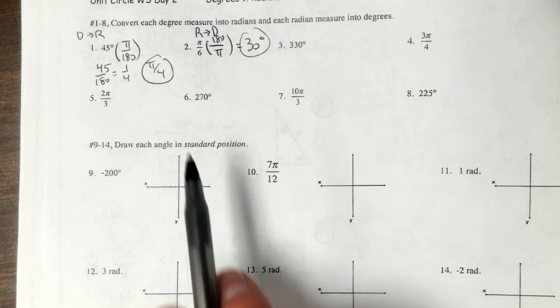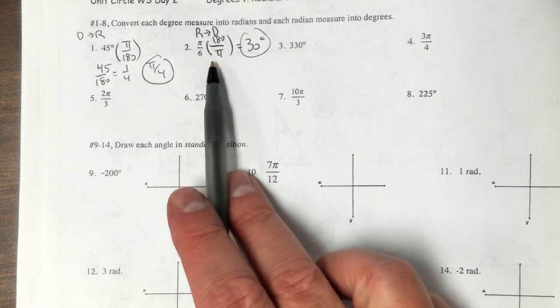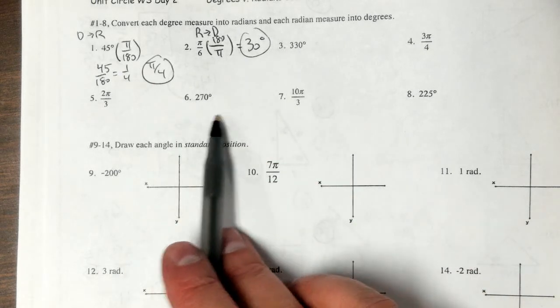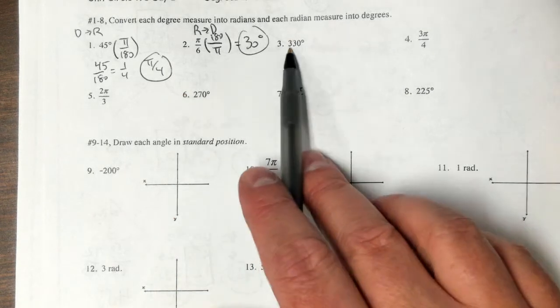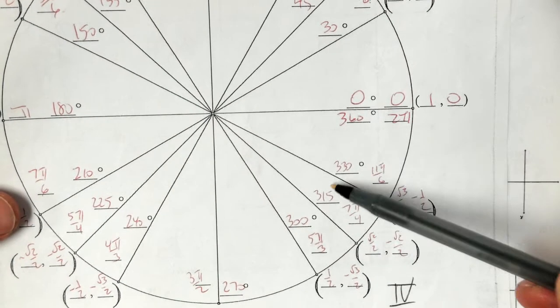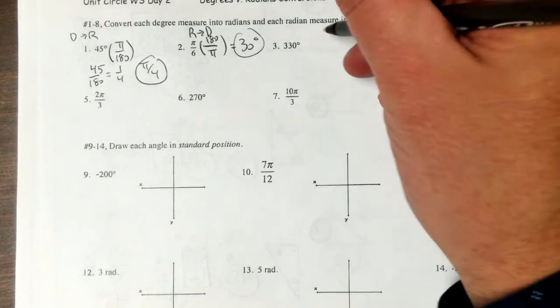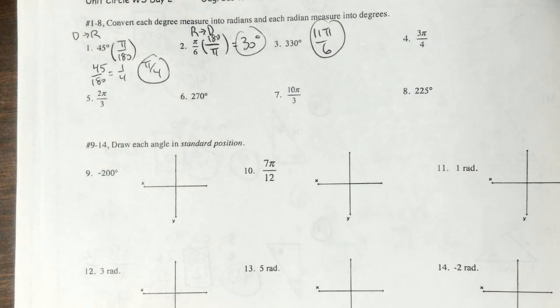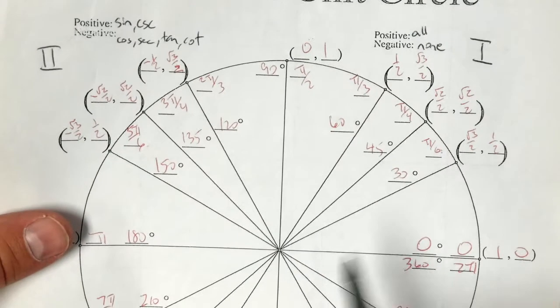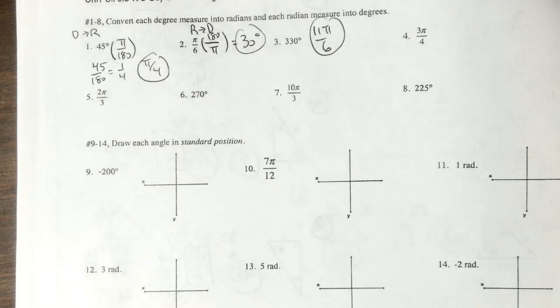Okay, so I've done a couple of them this way. Now, when they show up on the unit circle from now on, I'll just look at the unit circle to save work. 330 is 11 pi over 6. So you just find it. 3 pi over 4 is 135 degrees.